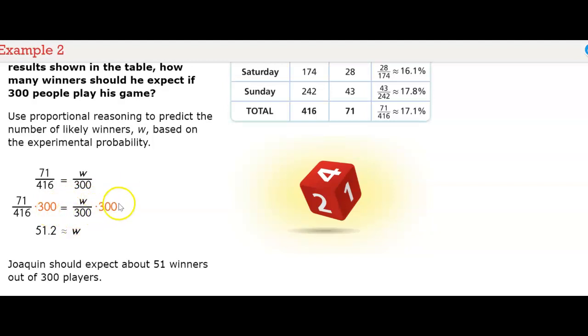The 300s cancel out on this side, and you're left with W. On this side, we multiply 300 times 71 divided by 416, which is approximately 51 2/10. So there are about 51 winners he could expect out of the 300 possible players.